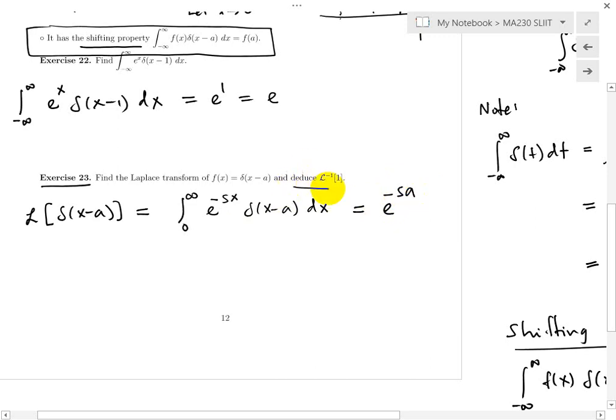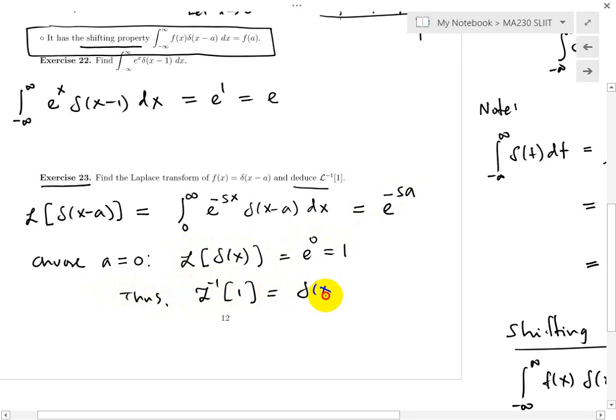Now to deduce this part, note that if you choose A to be 0, the delta function is centered at 0. So in this case, you are getting the Laplace transform of delta x. When A is 0, this is exponential 0, which is 1. So this implies the inverse Laplace transform of 1 is the delta function. Okay. So this is what you saw in the table at the beginning.